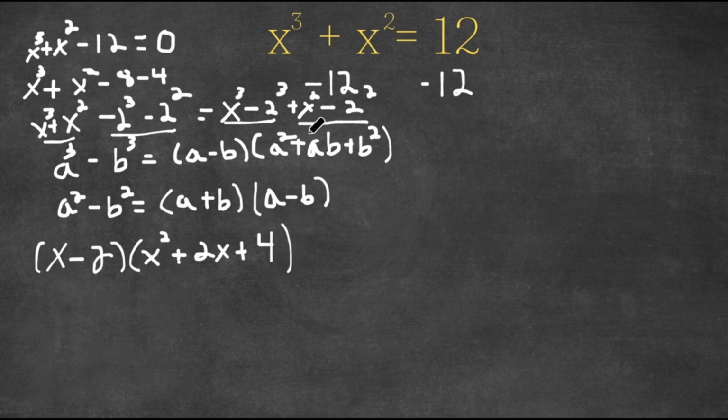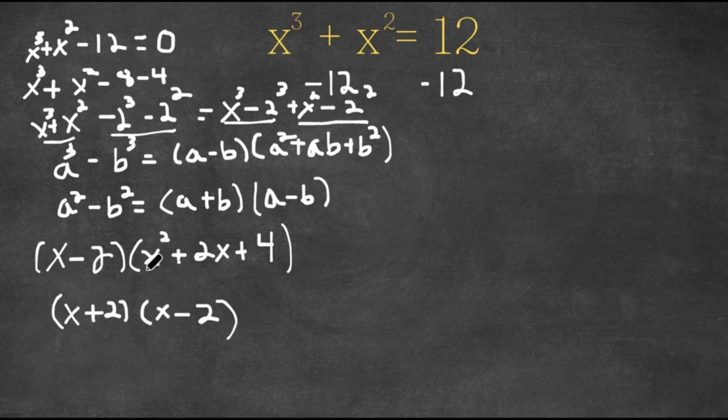Now for a squared minus b squared, so for x squared minus 2 squared, we have x plus 2 times x minus 2.